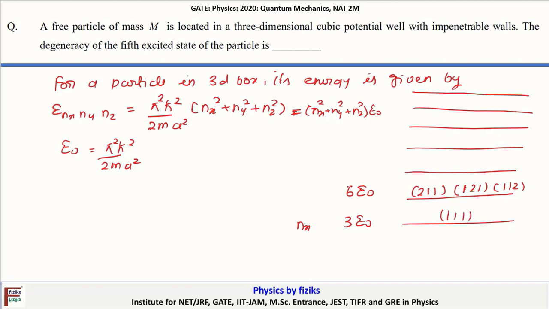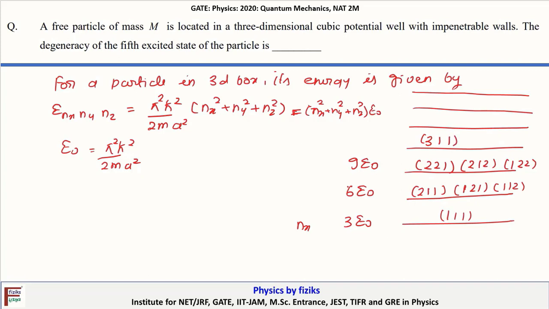Now the next state, the second excited state, would be 2, 2, 1. In this state, energy will be 9 E0. So this state would again have degeneracy 3. Next state would be 3, 1, 1.